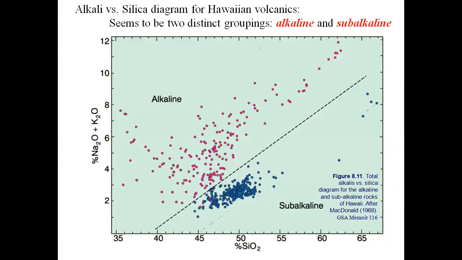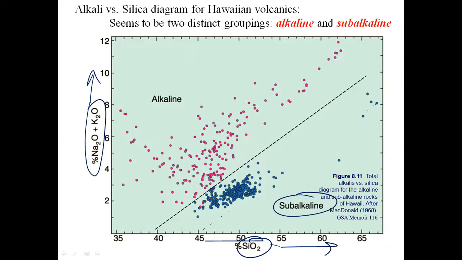See this diagram. So this is again your alkali. This is silica. So see, this is subalkaline magma series. So subalkaline magma series will produce subalkaline rocks, and alkaline magma series will produce alkaline rocks. क्योंकि रॉक बनेगा मैग्मा से है ना, तो alkaline magma series will produce alkaline rocks.